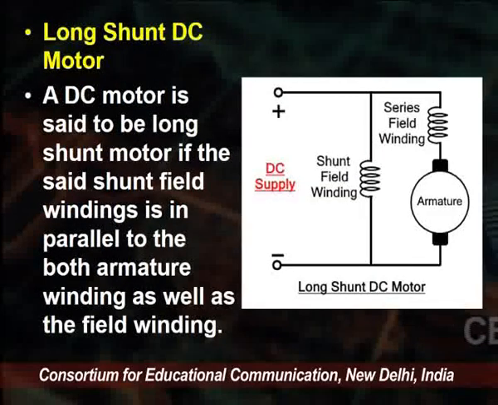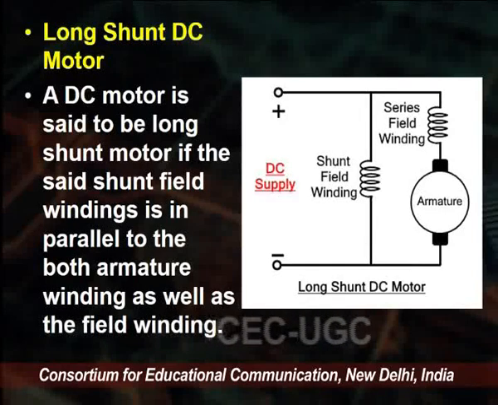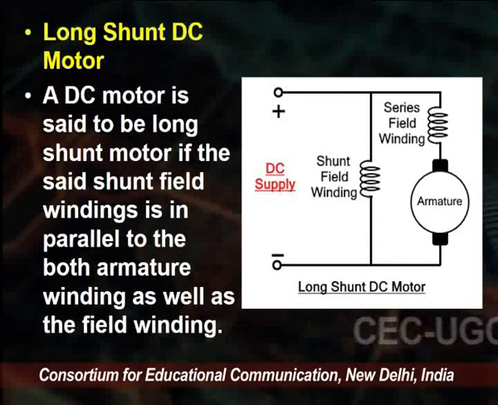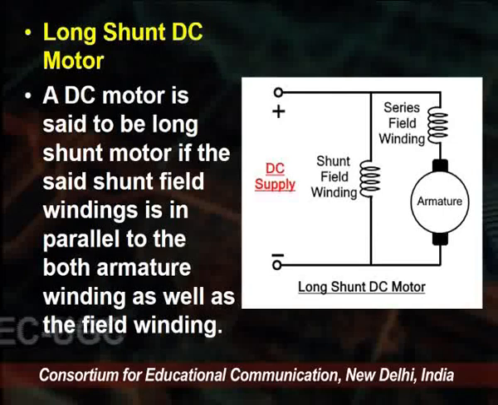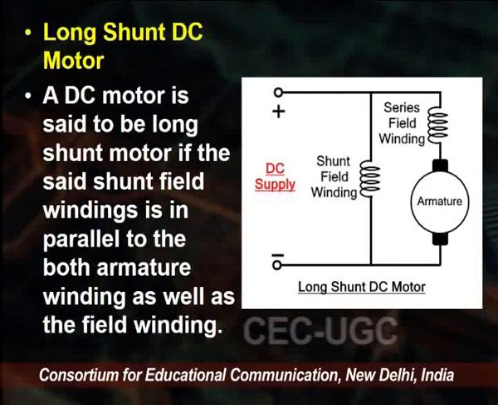Now the long shunt DC motor. Apart from this, in the long shunt motor, the shunt field winding is in parallel to both the armature winding as well as the field winding.